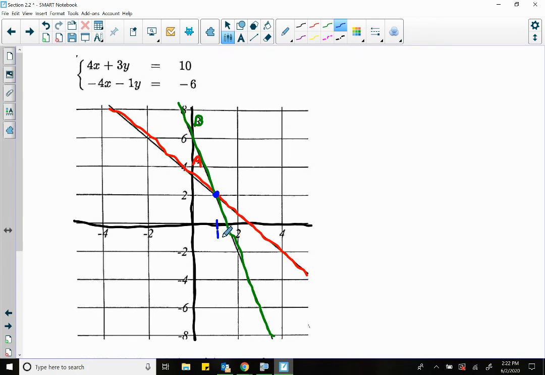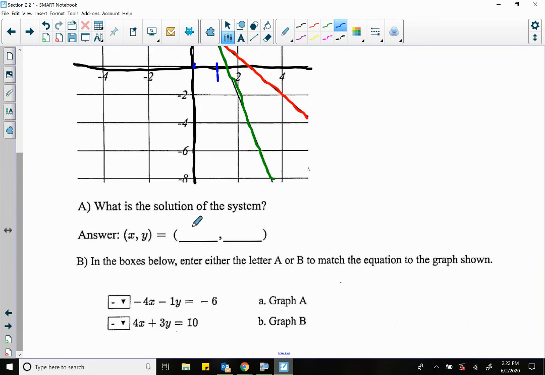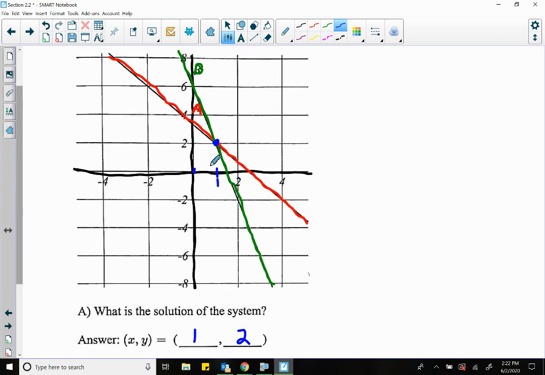So that is 1, comma, and then we're up at 2. So the answer is 1, 2. That's the first part. Again, you're not actually graphing that. It's all going to be there. You just have to tell them what the answer is.